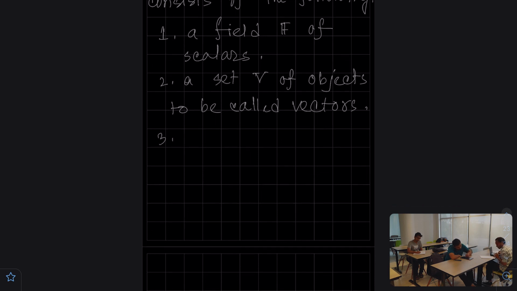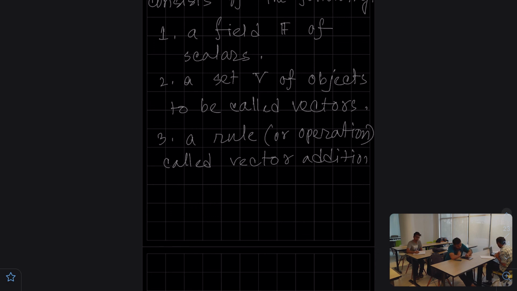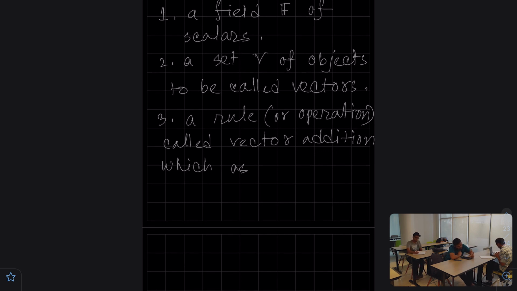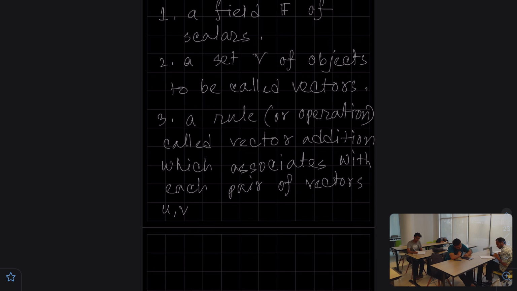And the third one is a rule or operation called vector addition, which associates with each pair of vectors u, v belonging to the vector space V a vector.